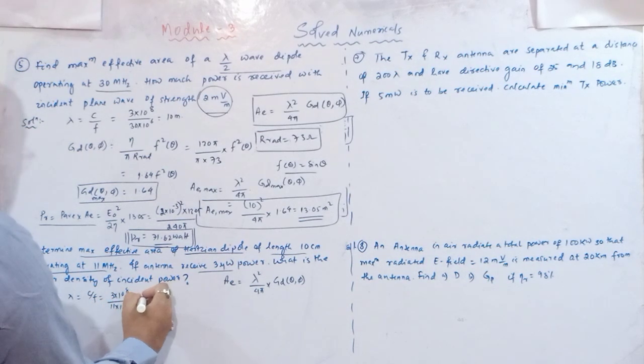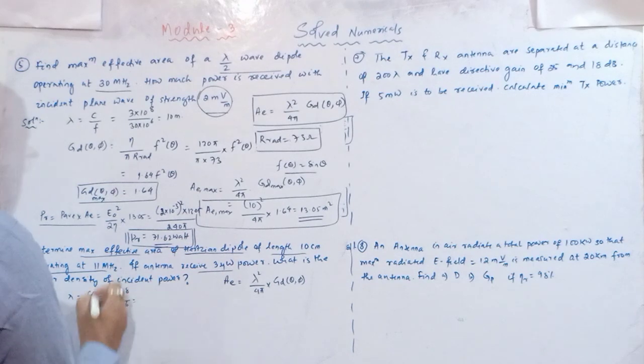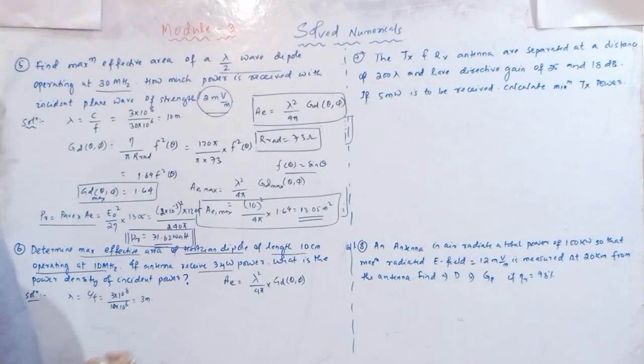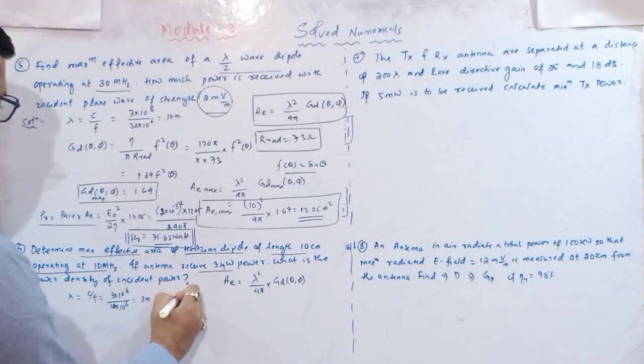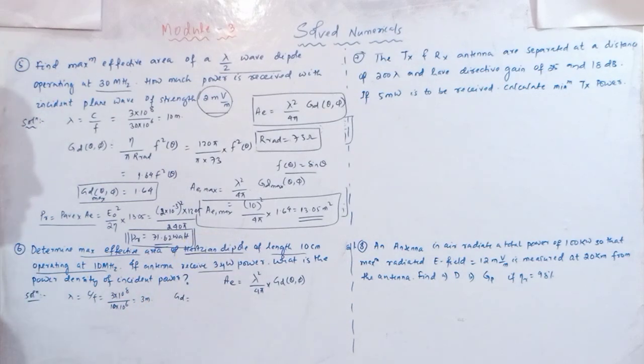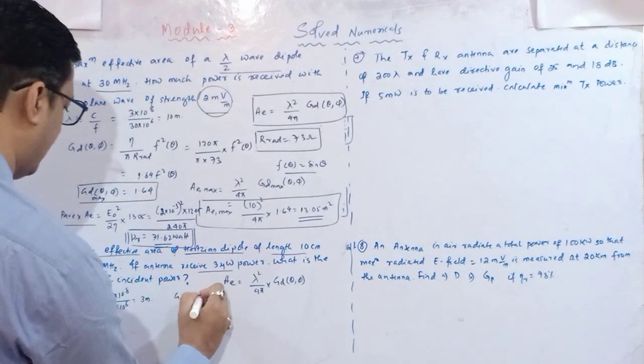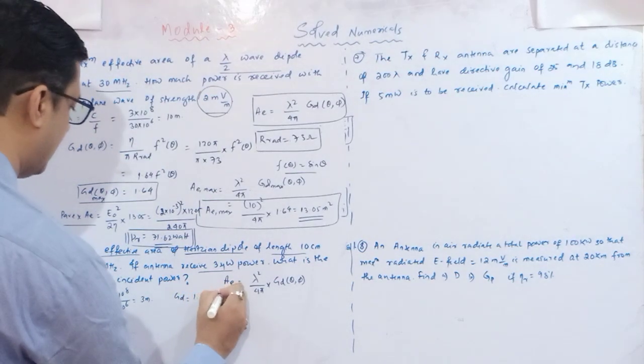If you solve this, you will get around 3 meter. Once this is known, the directive gain GD for the Hertzian dipole is 1.5 sine square theta.